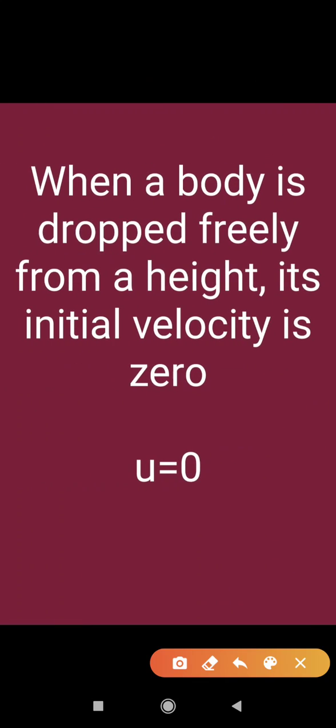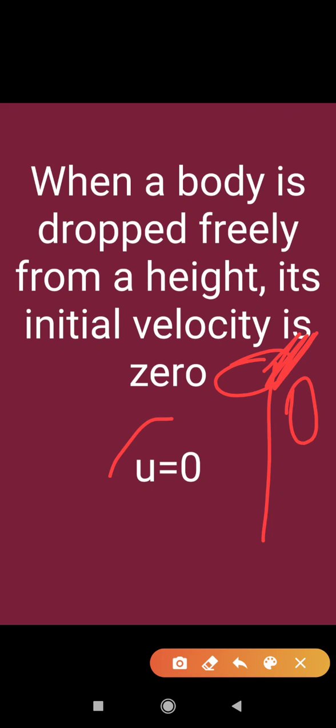Some more cases, like when a body is dropped freely from a height. Suppose a person is dropping a body from a height, then the initial velocity u of the body is 0.